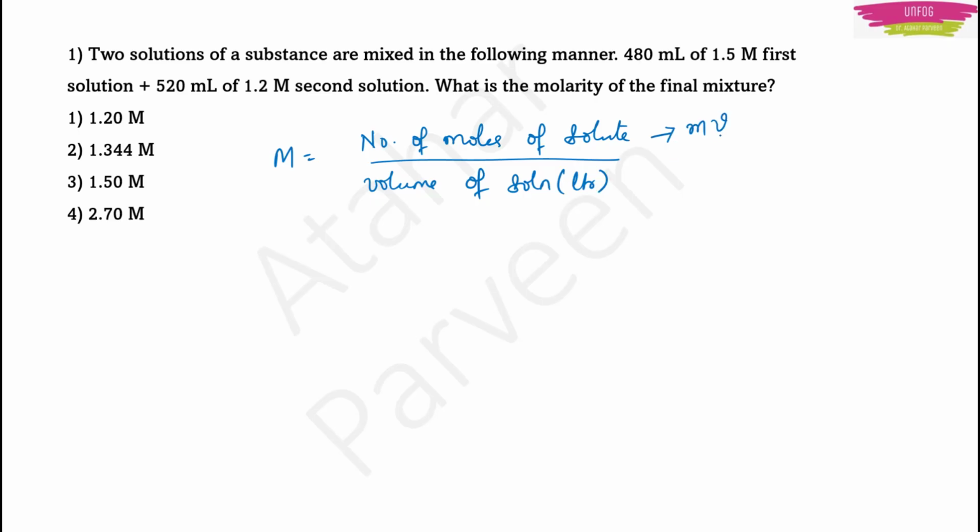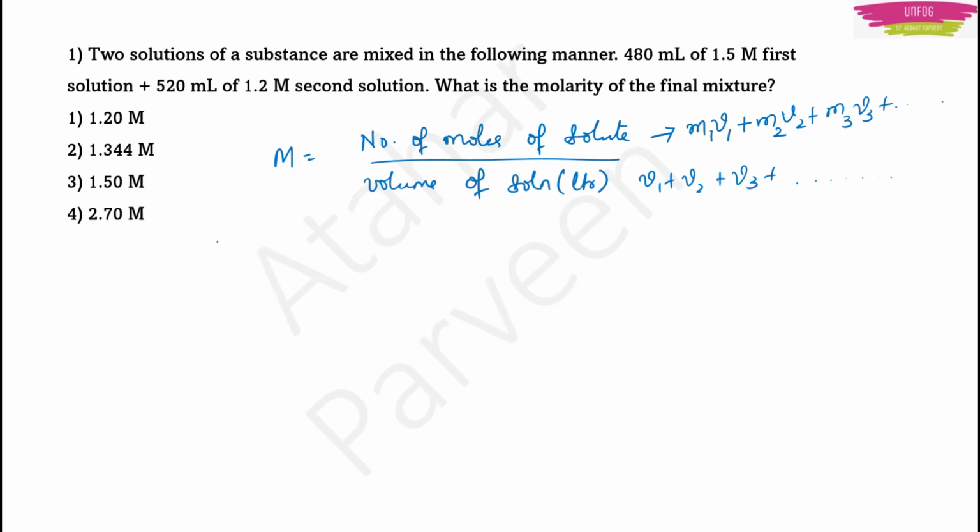If you have many, then you can use subscripts. In place of MV, you write M1V1 plus M2V2 plus M3V3 and so on. Okay? And then in the denominator, you will have V1 plus V2 plus V3, plus you don't know how many solutions there are, so as many as there are you can write. So this is one way of finding the molarity for a mixture.